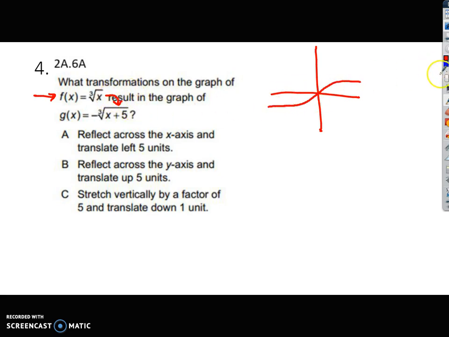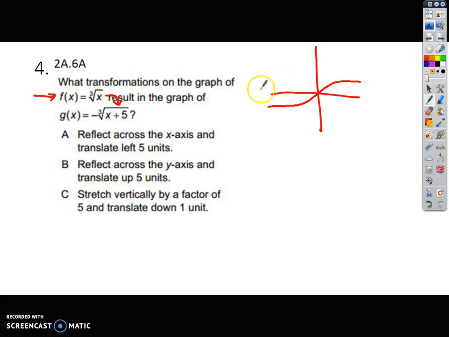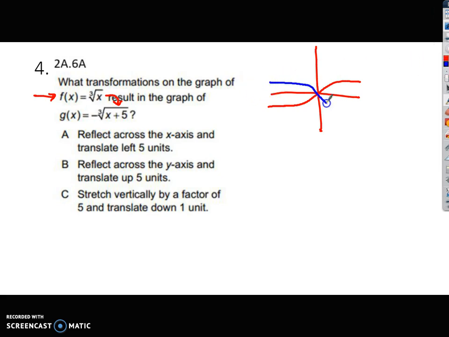This negative is actually going to flip it this way, right? And how do we say that? It flipped over what axis? Another way of saying flip is it reflected over the x-axis. So the negative reflects across the x-axis.